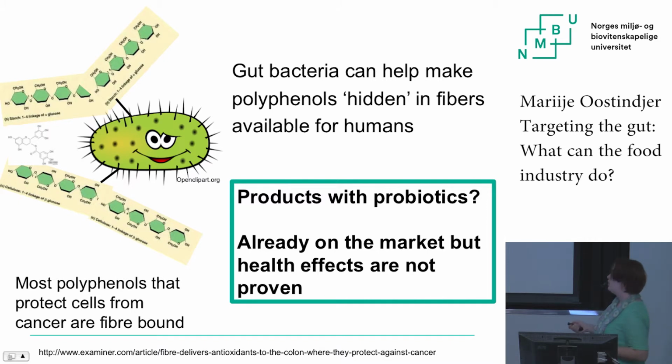So when you eat a fruit or vegetable it contains both fibers and polyphenols, but quite often, or a certain percentage of those are actually linked together. And certain bacteria are implicated to be able to kind of rip open the fiber and help release the polyphenol so that it becomes available for humans. And so that's another example of why it's nice to have a good set of gut bacteria.